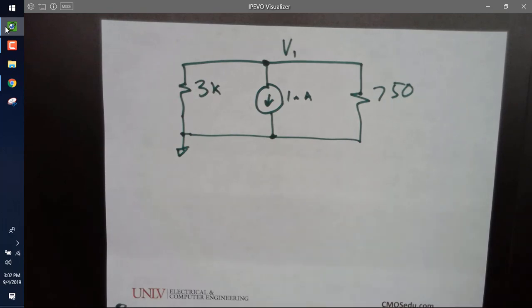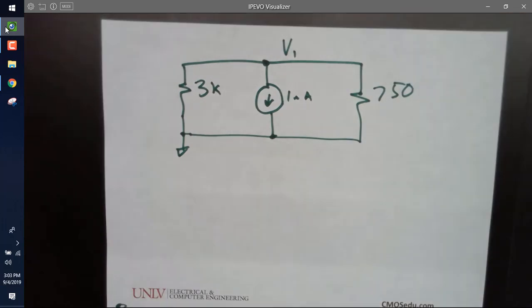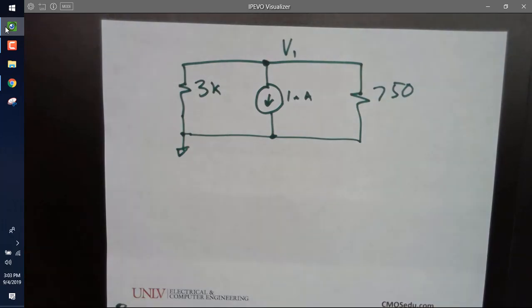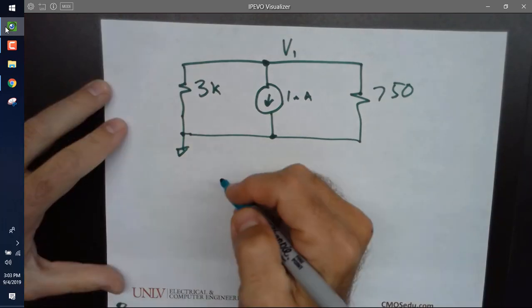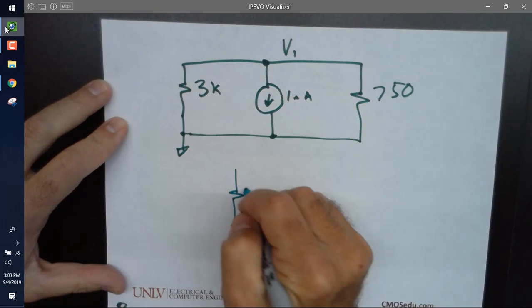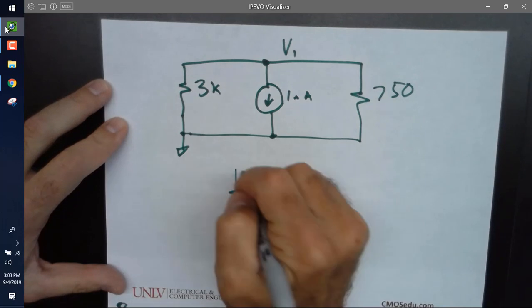Okay, tell me how to approach this problem. There's several ways. Well, I could redraw the circuit, but somebody said it, you can combine the resistors, right? Does everybody agree with that? So I could write, let's write it directly. Or actually, because we're learning, let me write a little bit slower. So it's 750 in parallel with 3K.